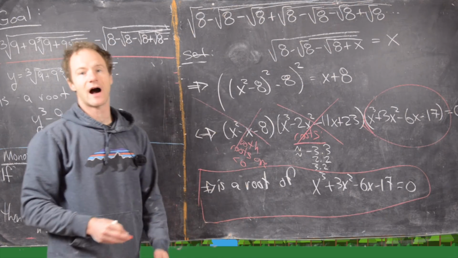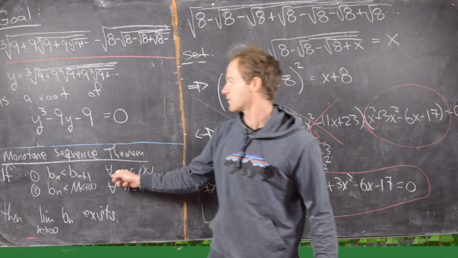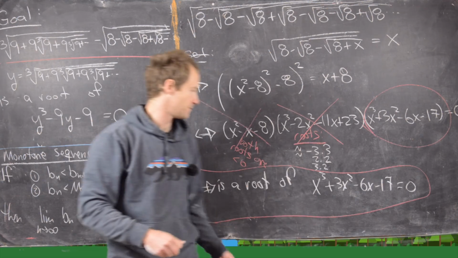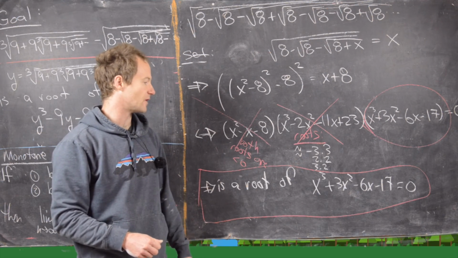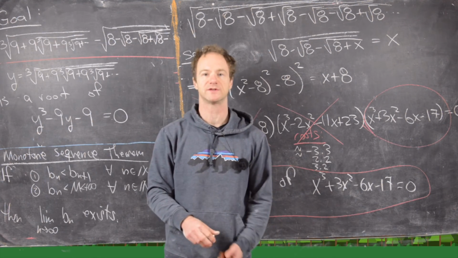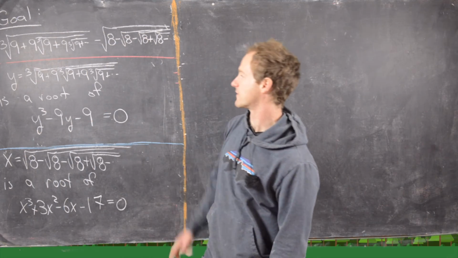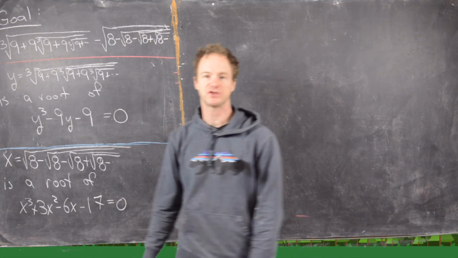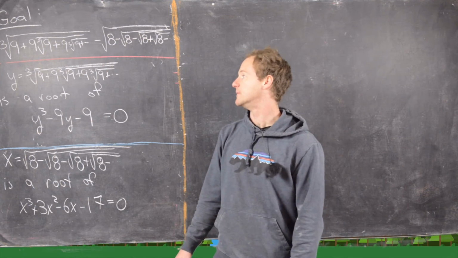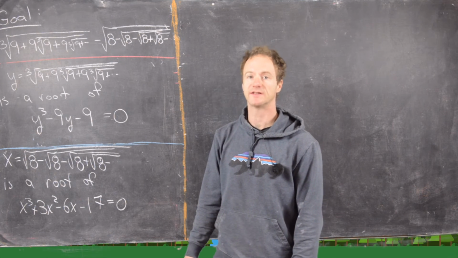Great. So now I'm going to clean up the board. I'll get rid of this monotone sequence theorem. I'll show us that we need a root of this polynomial, and then we're almost done. So far we have the following.